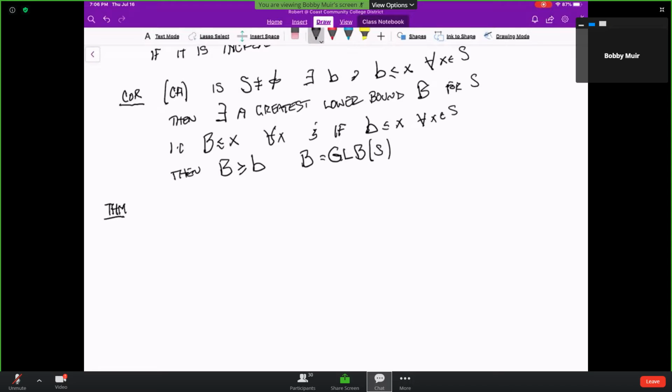Okay. So let's suppose that we have a sequence AN, which is bounded and monotone. Okay.